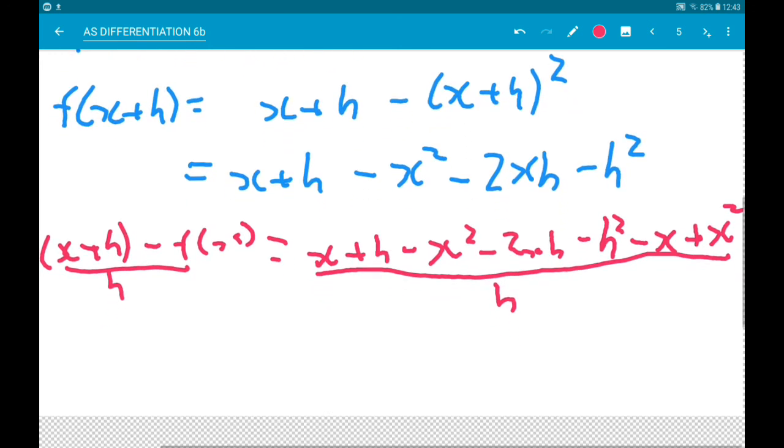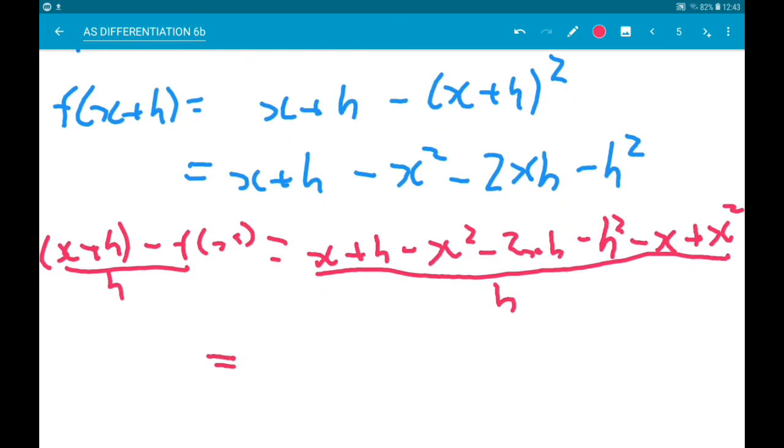Now, we have x minus x, so they cancel. We also have minus x squared add x squared, so they cancel.